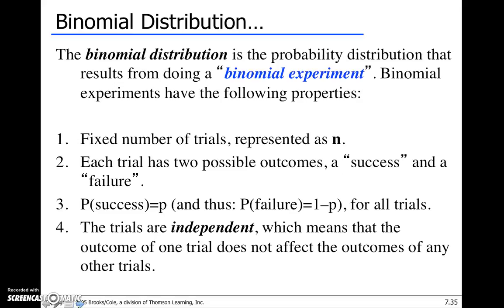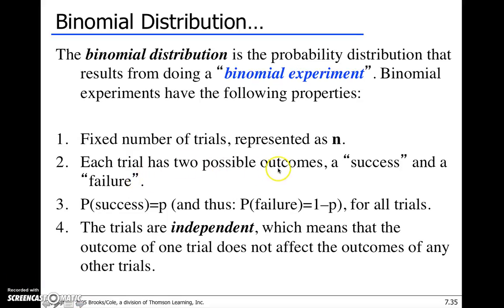The binomial distribution. Binomial distribution is a probability distribution that results from doing a binomial experiment. Binomial experiments have the following properties. 1. There are a fixed number of trials, represented as n. 2.